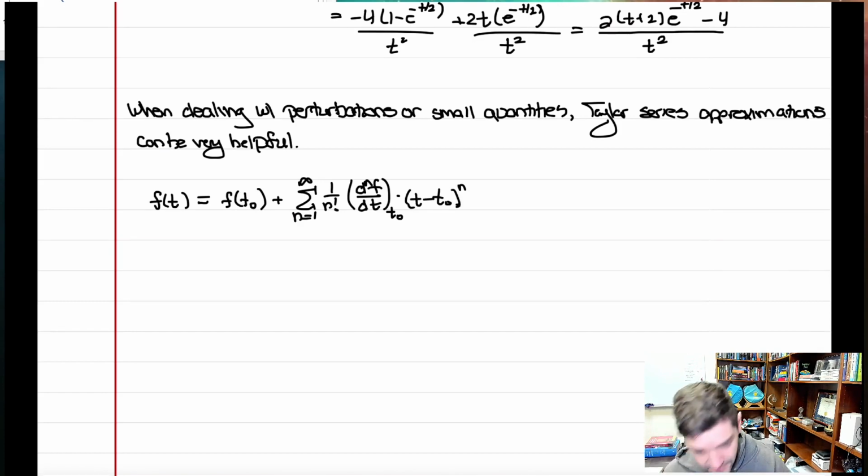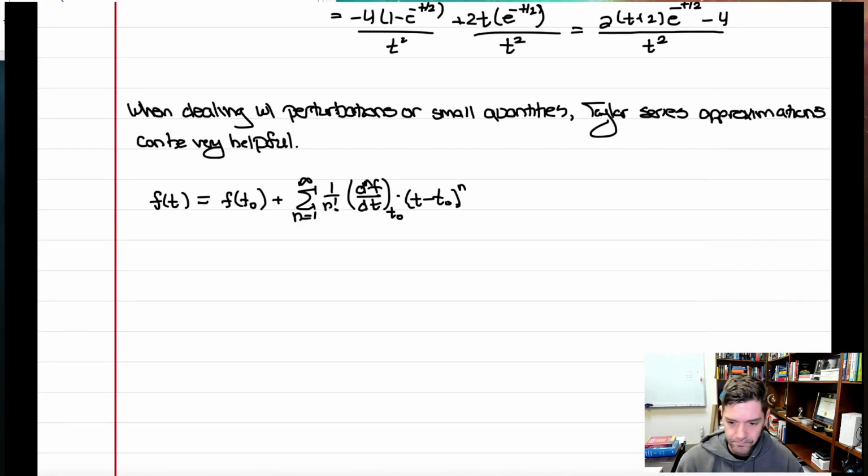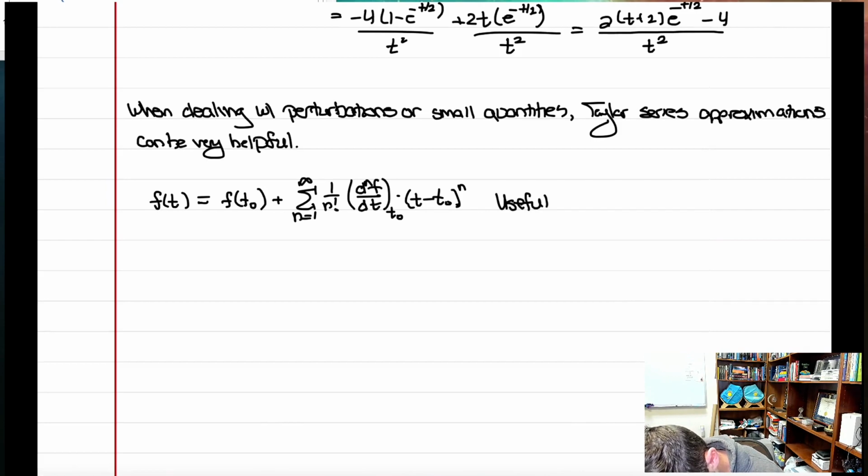There's the polynomial component to higher and higher powers of n. And again, this is useful in our context when, in particular, t minus t naught to the nth power is much, much less than 1.